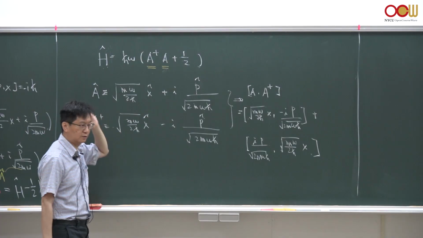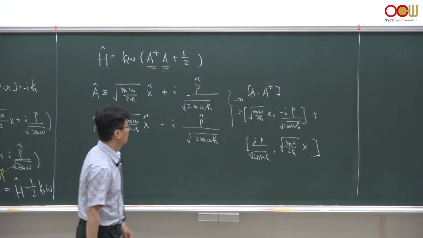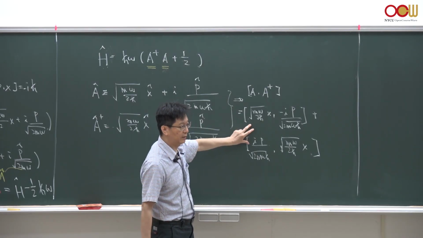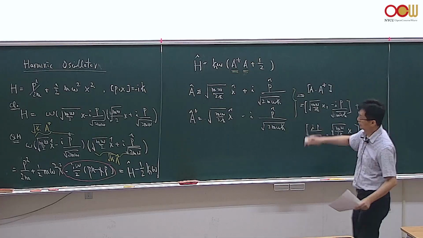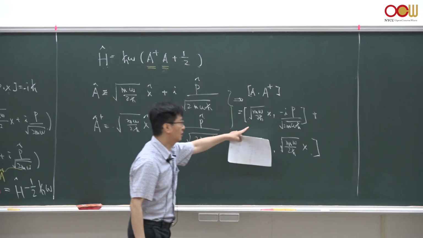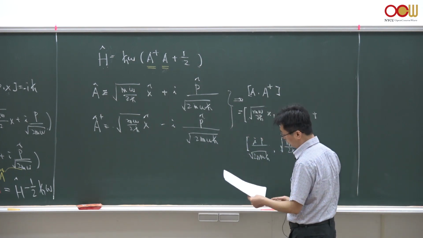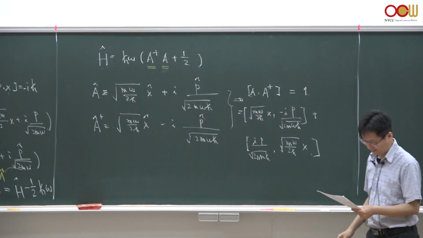You forget about the commutators between x and x, or p and p, because they are 0. So there are only two terms remaining here, and you simply use the commutator between x and p, plug it in, multiply by the prefactor, and you find that this is 1. That's simple.